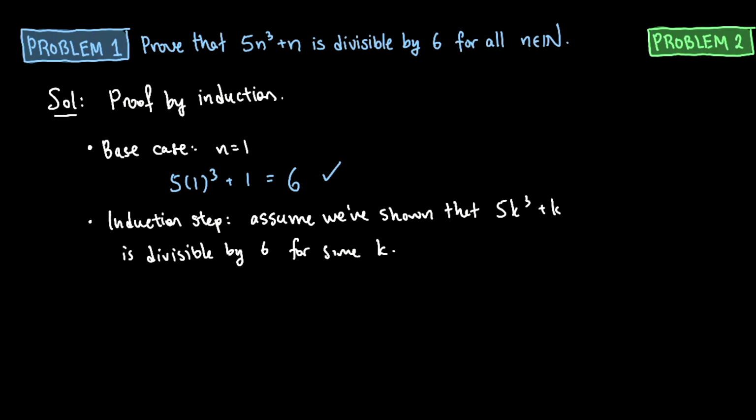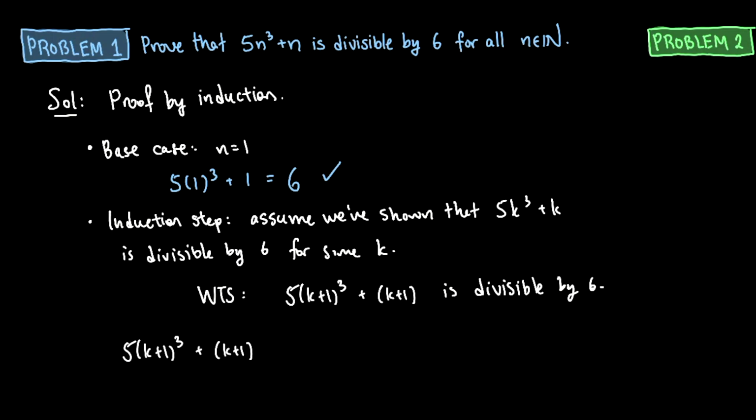And now we want to show, WTS, that 5(k plus 1) cubed plus (k plus 1) is divisible by 6. And to get that, what I should do is take this expression and manipulate it until we can see how this assumption we've made, this induction hypothesis, can be applied.